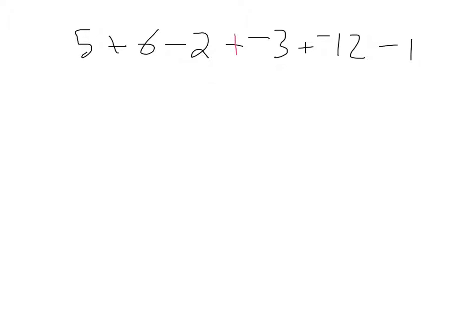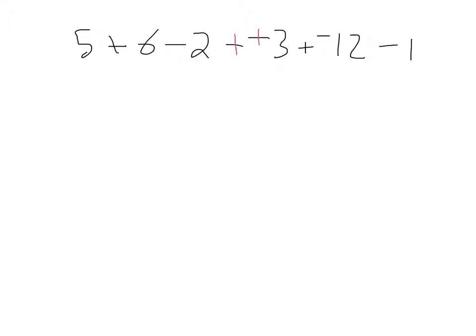When I'm given a problem, it's a long string of things like 5 plus 6 minus 2 minus negative 3 plus negative 12 minus 1. When I get a big string like this, the first thing I do is get rid of all the subtraction signs that are unnecessary, like this one, minus negative.